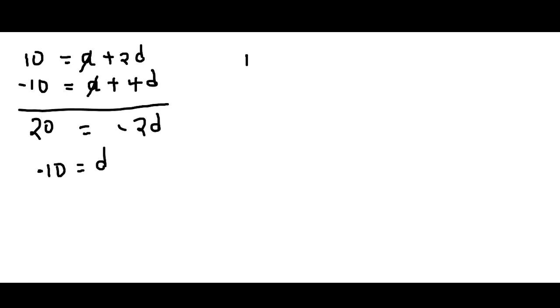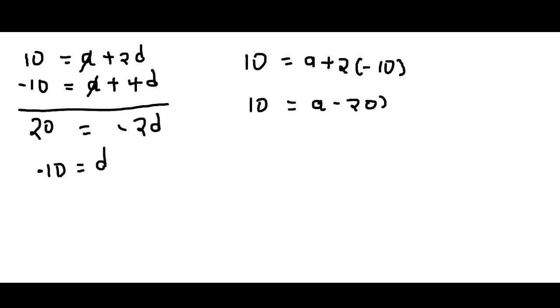So we just replace that. 10 equals a plus 2 into brackets negative 10, whereby 10 will equal a minus 20. When we bring the negative 20 this side, it becomes positive. So 20 plus 10 is 30 equals a. So that's the value of a and also of d.